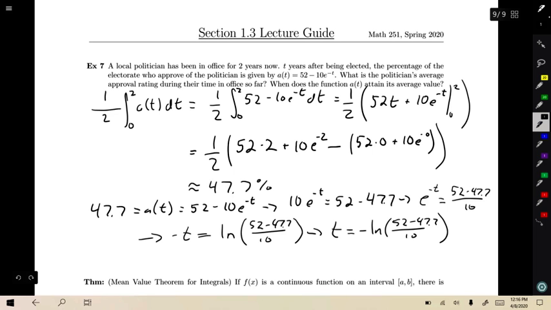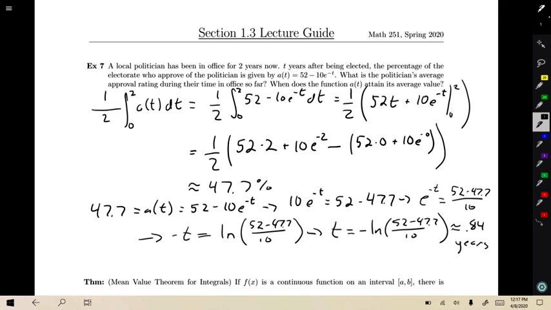And again, if you plug these numbers into your calculator, you get that this is around 0.84 years. So about 0.84 years after being elected, this politician has an approval rating equal to 47.7%, which is the average of that politician's approval across their 2 years in office.